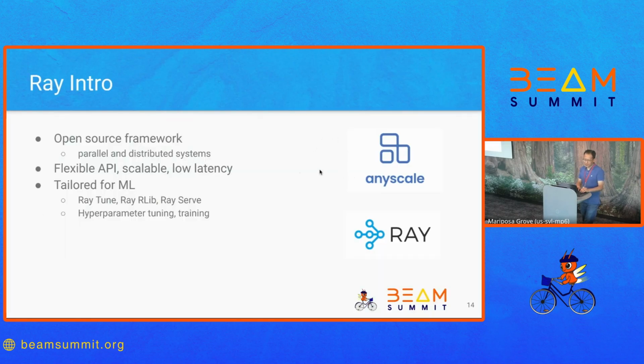If you're not familiar, Ray is an open source framework provided by Anyscale. It handles parallel distributed systems, with a flexible API, good scalability, and fairly low latency. It is tailored for machine learning, with RLlib for reinforcement learning, Ray Serve, and it handles hyperparameter tuning and training fairly well.